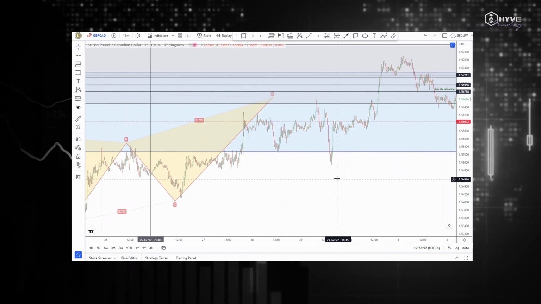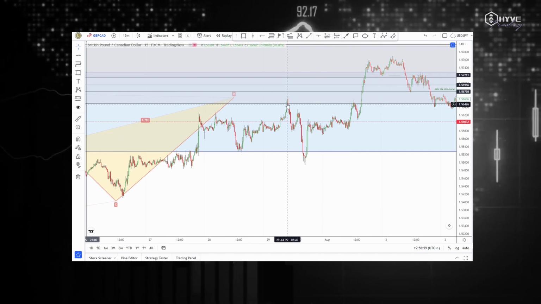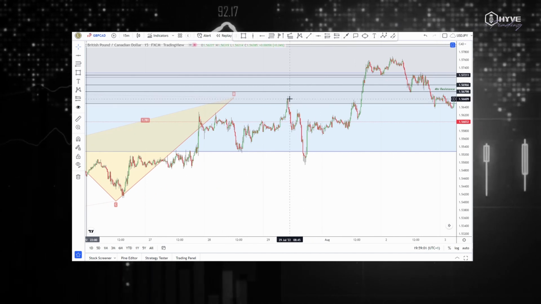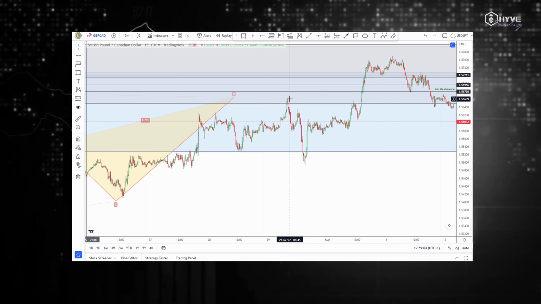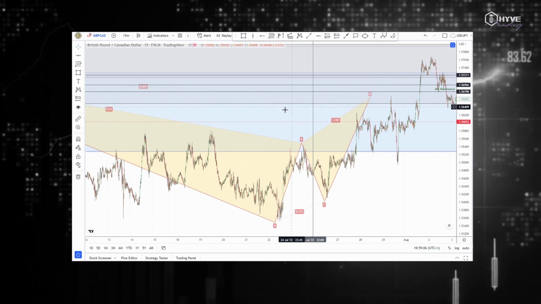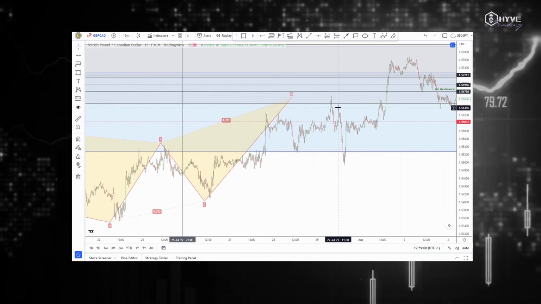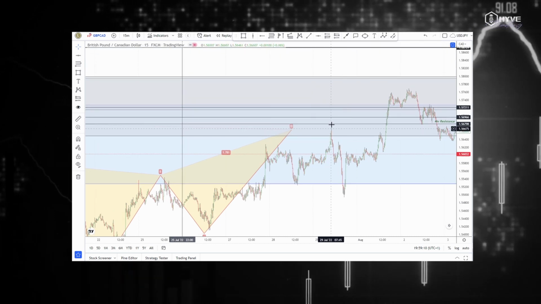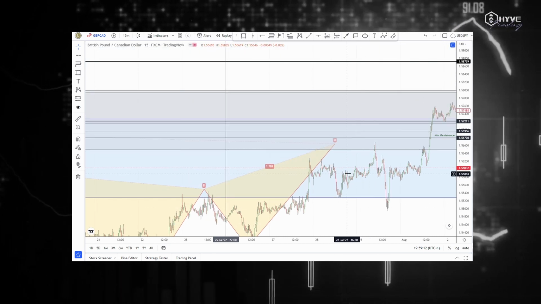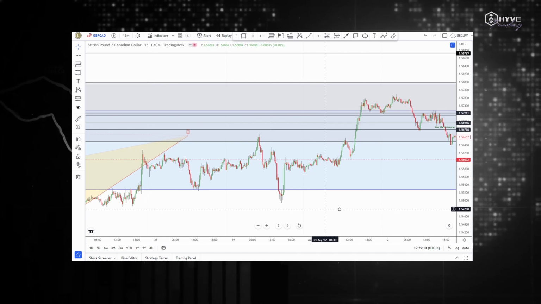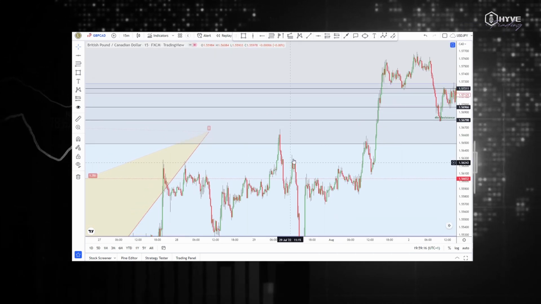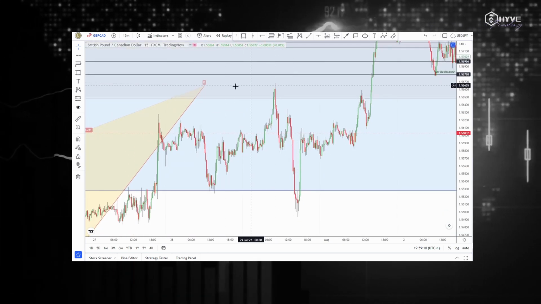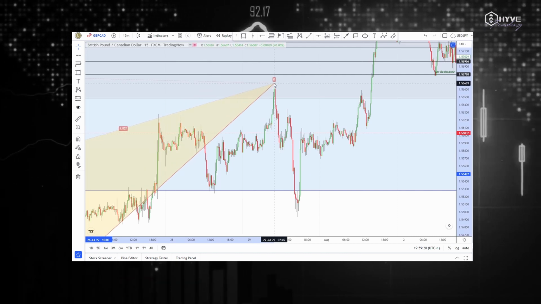So the first touch into the zone where the weekly fair value gap and the daily manipulated zone meet, which is the blue box and the gray box, was around this level, which was perfect because the harmonic pattern completed right there.